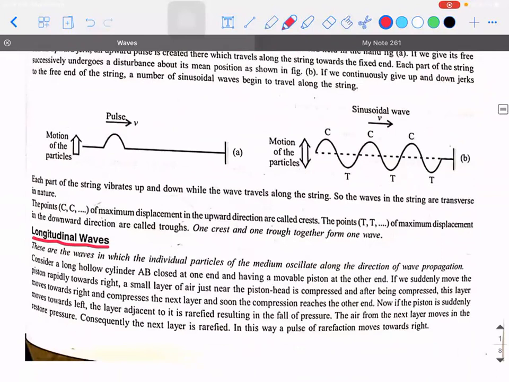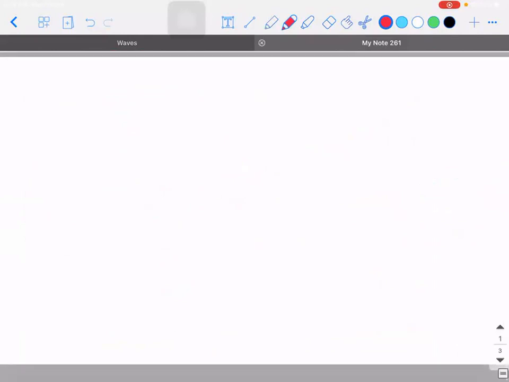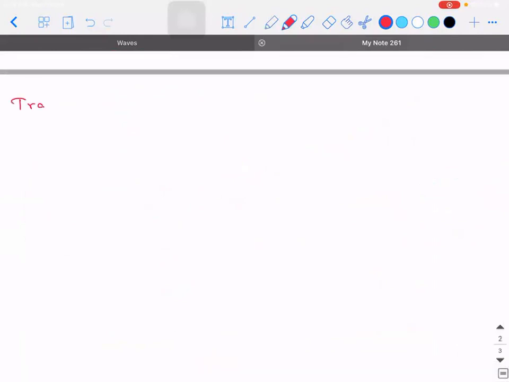Okay. Now listen to this carefully, guys. So please make a note of what I'm going to say. Transverse means perpendicular. Perpendicular to what?